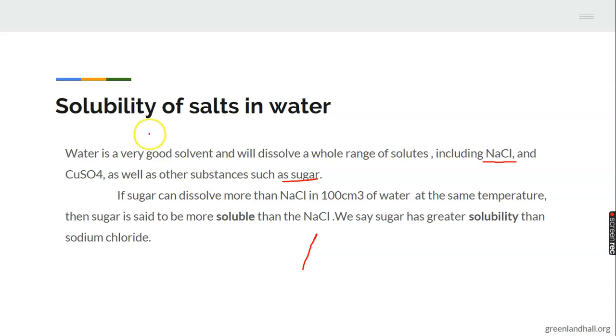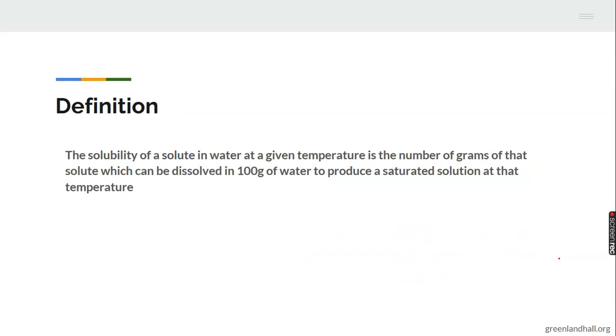If sugar can dissolve more than sodium chloride when you put both of them in water, for instance in 100 cm cube of water at the same temperature, the sugar is said to be more soluble than sodium chloride. It dissolves completely. That's what it means. So the solubility of sugar is said to be more than that of sodium chloride.